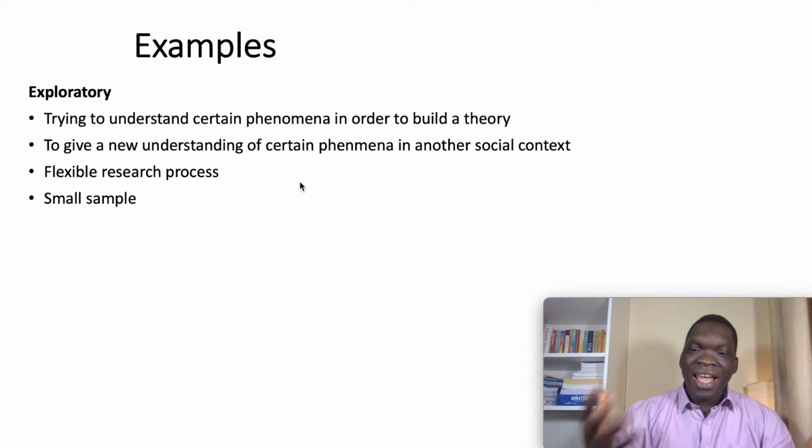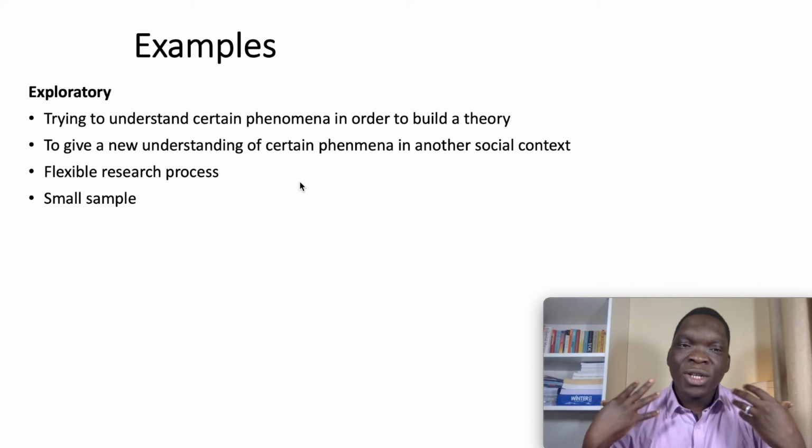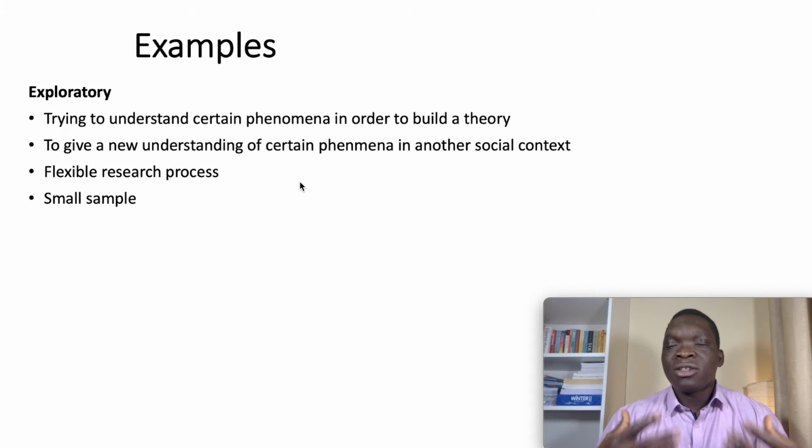Again, that might be another complex terminology, and that goes against our ambition here. So what is theory? That will be in our next discussion as well. But just remember at this point that when you are doing an exploratory study, you are trying to give a deep and clear and detailed understanding of that issue.